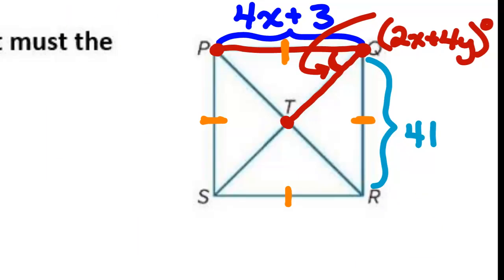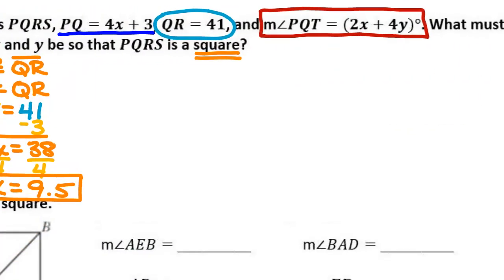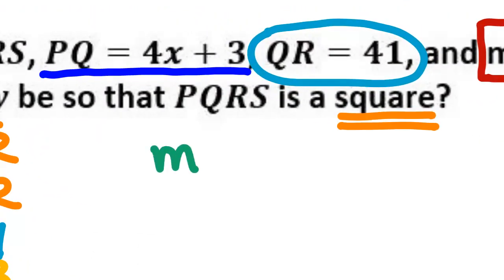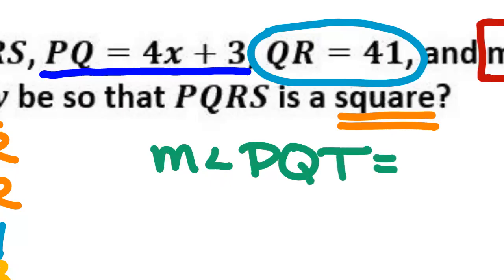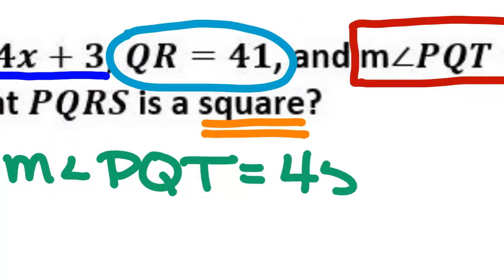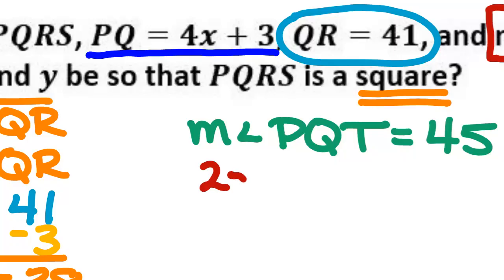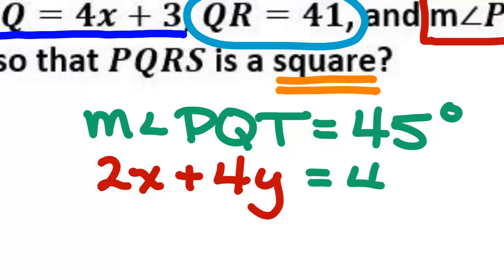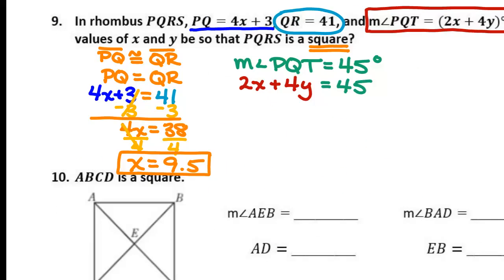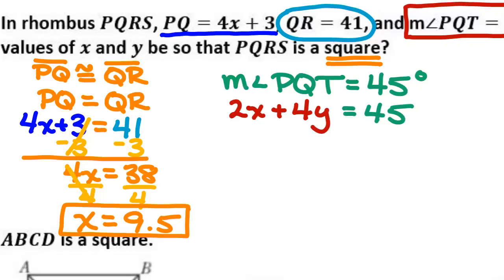It's splitting it in half, so it's 45 degrees. So the measure of angle PQT is 45 degrees. And PQT is 2x plus 4y, so we have 2x plus 4y equals 45. I have an equation with two different variables in it.